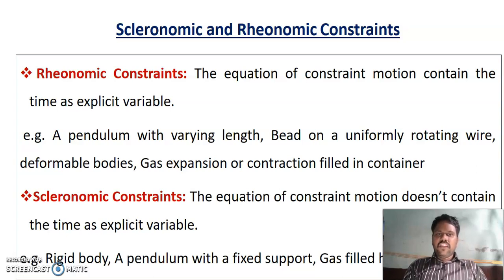If the equation of a constrained motion is dependent on time, they are known as rheonomic constraints. Example: 1, a pendulum with a varying length. 2, a bead on a uniformly rotating wire. 3, deformable bodies. 4, gas expansion or contraction in a container.